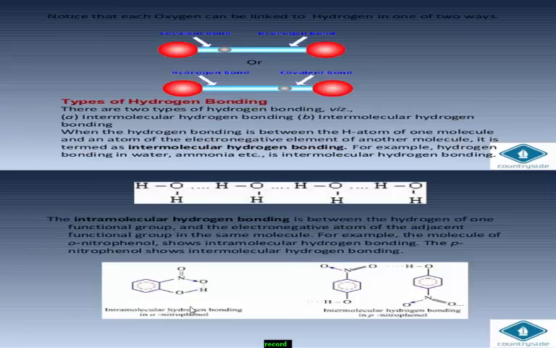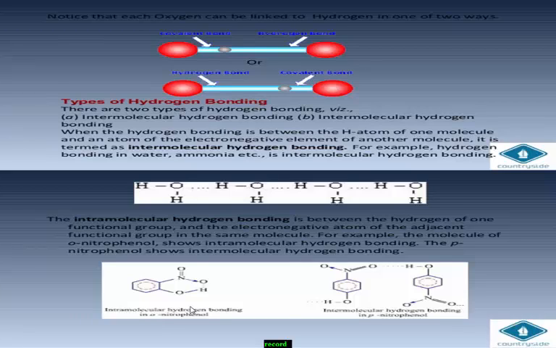Please go through your notes and observe the formal charges of the oxygen atoms present in an ozone molecule. One of the oxygen atoms contains +1 charge, another one -1 charge, and another one also -1 charge. Yes, remember the formal charge concept also.